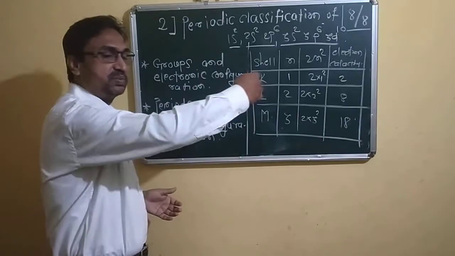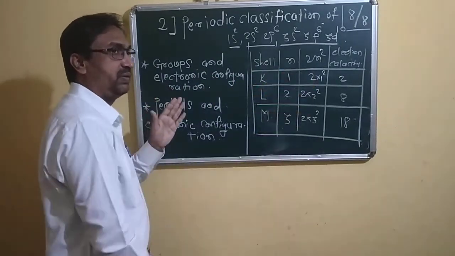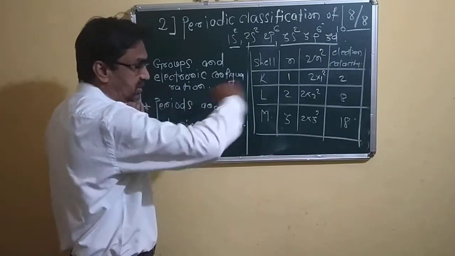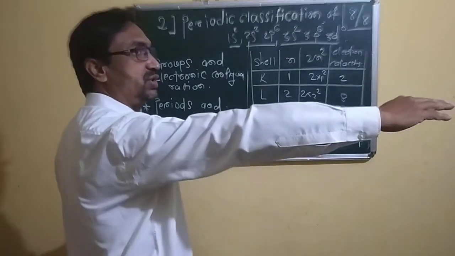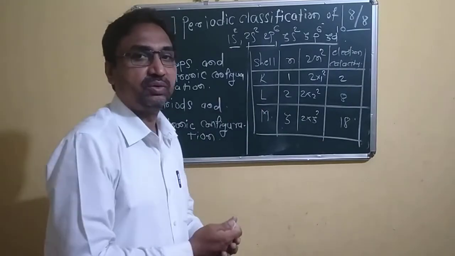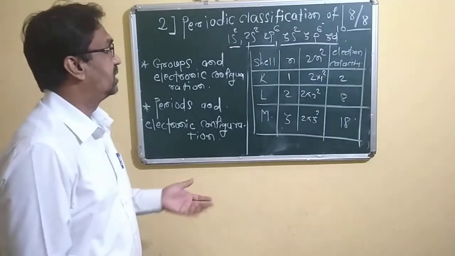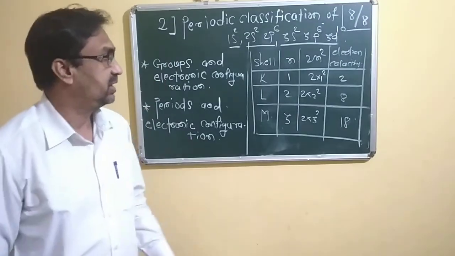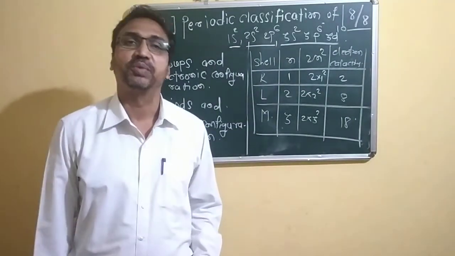There are 18 groups, and according to these 18 groups we will see how reactivity changes, and in periods, the horizontal lines, how the electronic configuration changes, how electrons increase, and how many shells we have to occupy to fit these electrons. So I just stop here, and in the next chapter we will see the periodic trends in the modern periodic table.